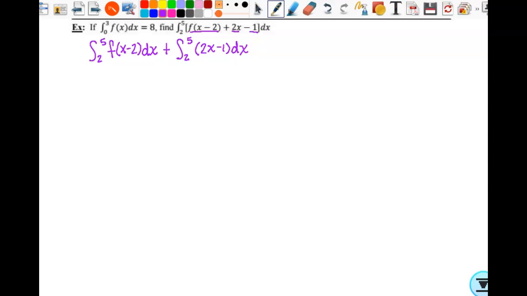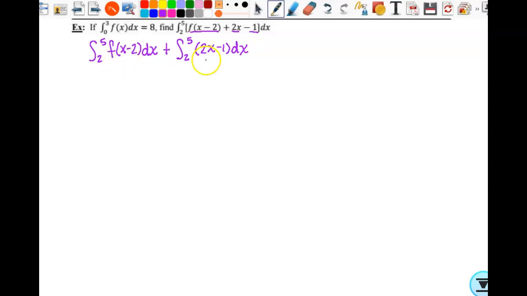Okay, so I've split up that double one, and I have to figure out somehow to use that 0 to 3. But before we do that, I want you to look at these two integrals, and the function part of the integral, tell me what's different about the two. If you don't catch it, it makes it really hard. Notice how this is f of x minus 2?